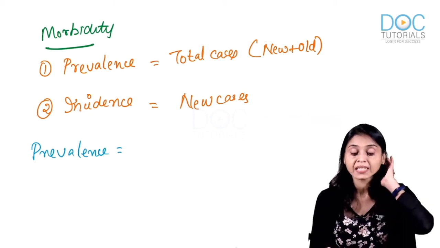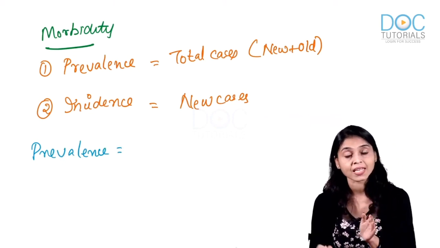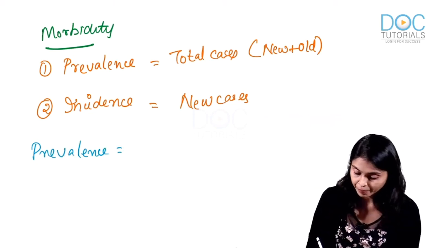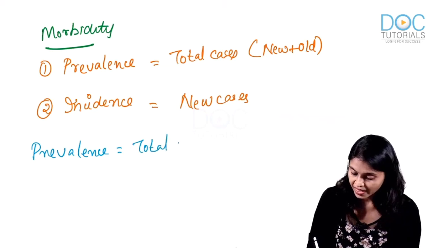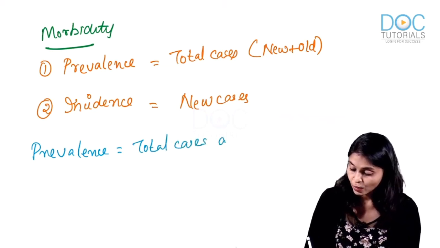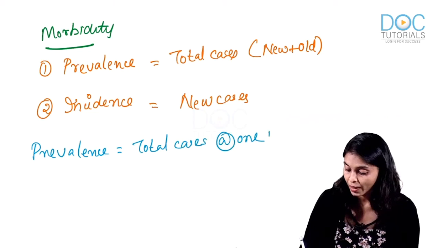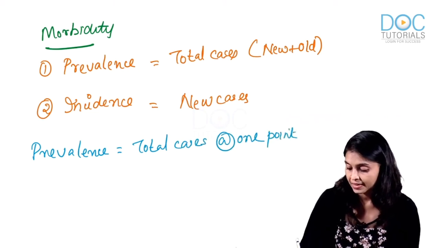Prevalence is nothing but the total number of disease cases at one point in time.